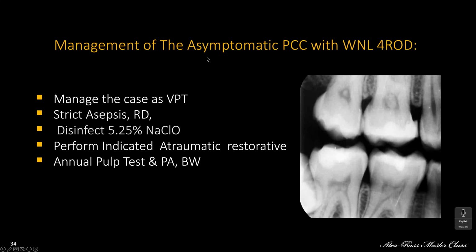Here is the management of asymptomatic pulp calcification within normal limits of 4-hour operational diagnosis. Everything is normal, but you find calcification. You manage it as vital pulp therapy. Avoid pulp exposure, avoid endodontic treatment.